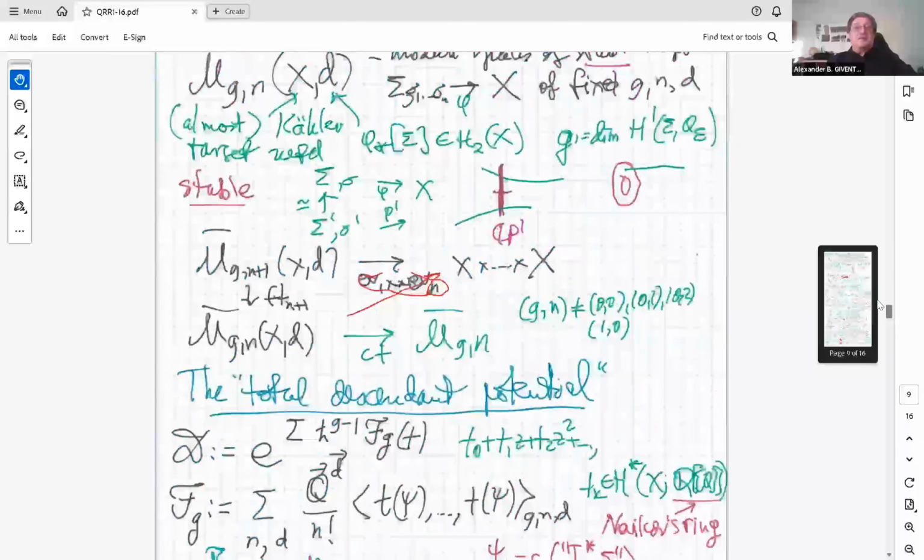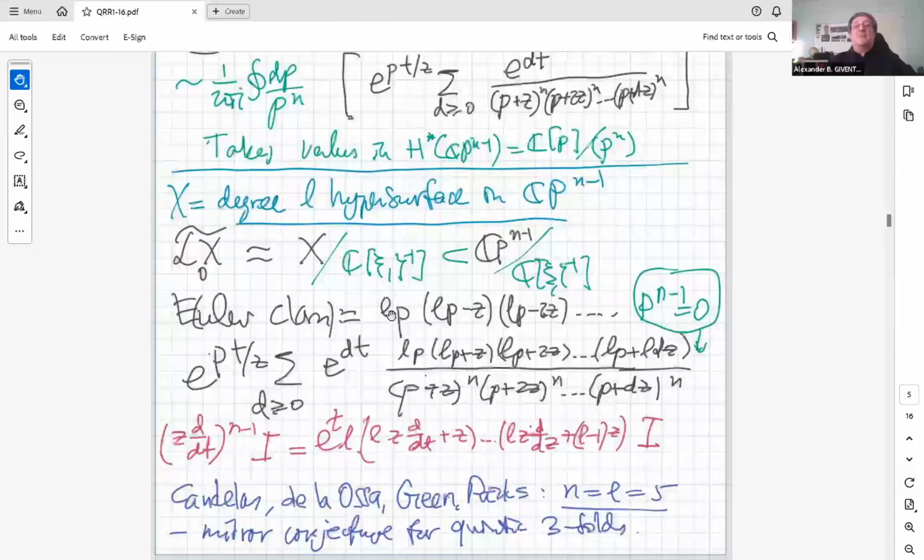If LP is the first Chern class of my line bundle, in that case, in the projective space, we had hypersurface of degree L, and P is a hyperplane class, LP would be the first Chern class of that degree L line bundle, and this infinite product, that's the class that we were using last time, and we came up with what?